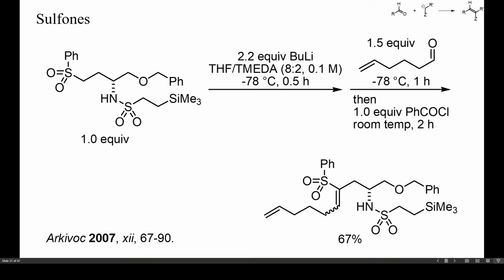As discussed in the previous video of this playlist, alkyl sulfones can be metallated by strong bases and then alkylated by aldehydes. Depending on the structure of the starting materials, the initially formed secondary alcohols may be stable or may eliminate water spontaneously. In this example, the dehydration did not occur on its own, but required benzoylation of the alkoxide.